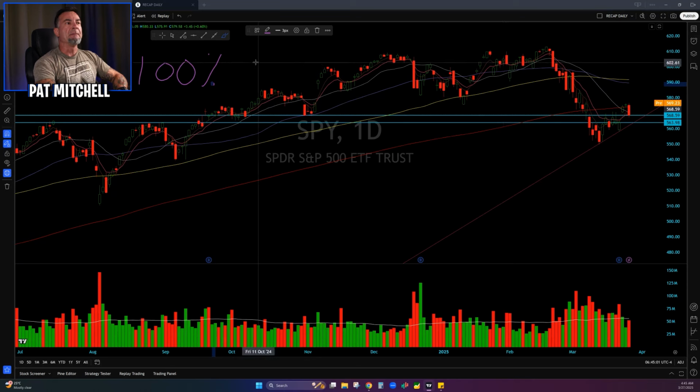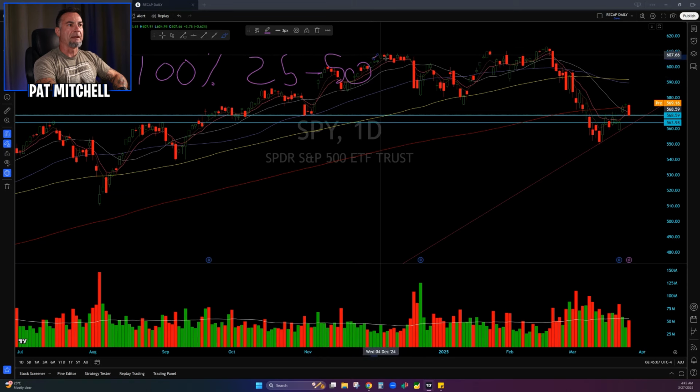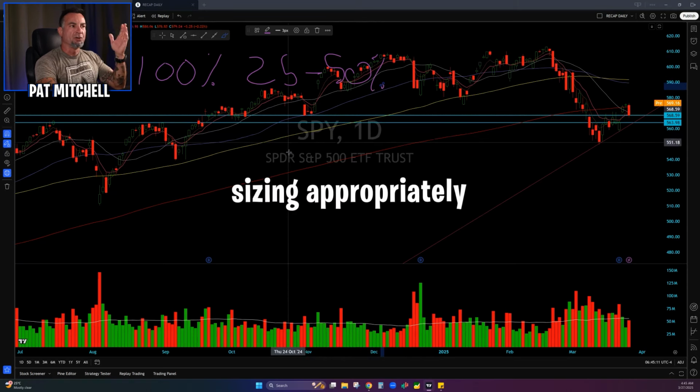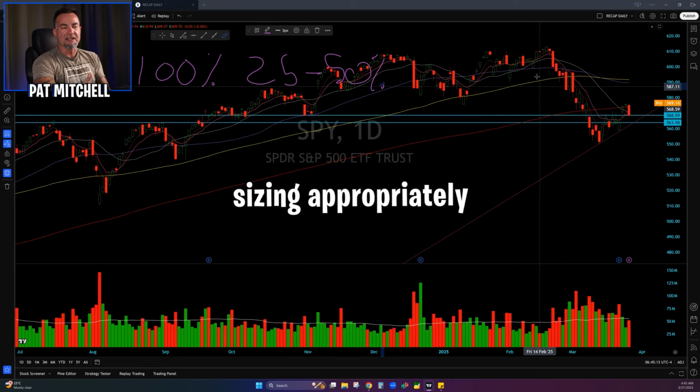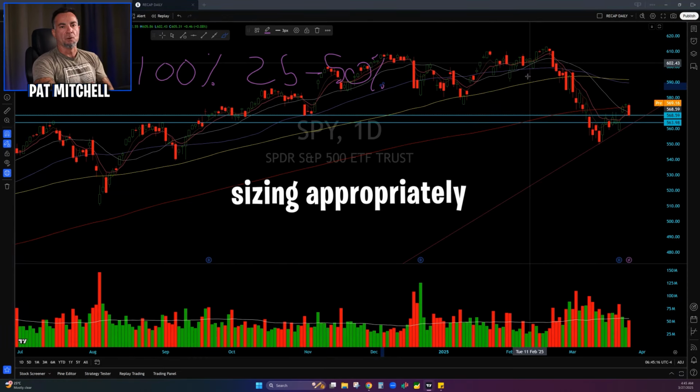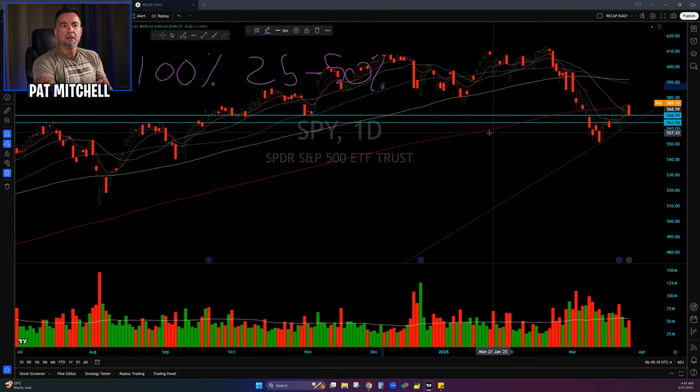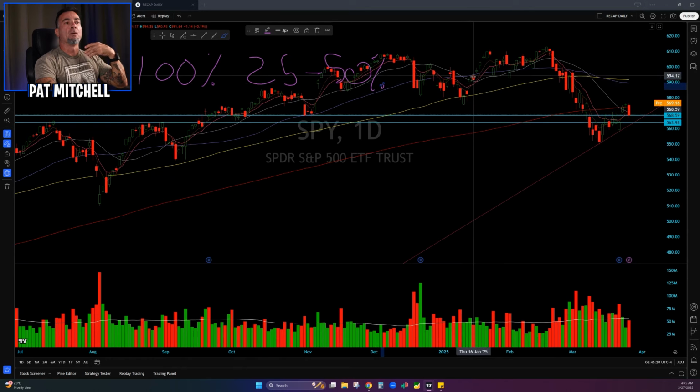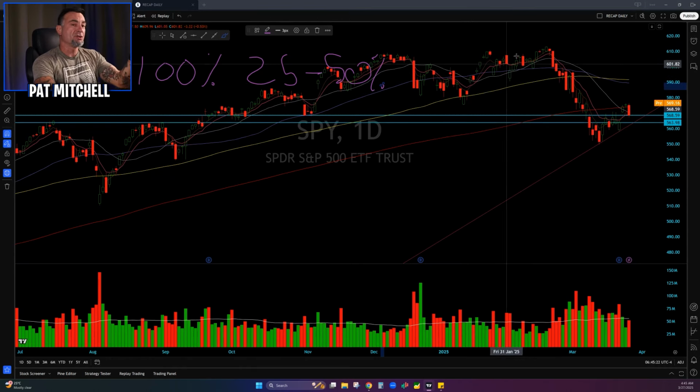Up at highs, I'm using anywhere between 25 and half, 50%. That's all I'm looking to use size-wise. So using quarter size to half size until that chart unfolds. Makes sense, right? Now, if I got the setup intraday for a short, it would be opposite.